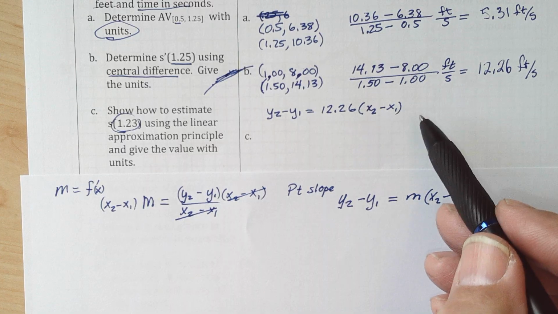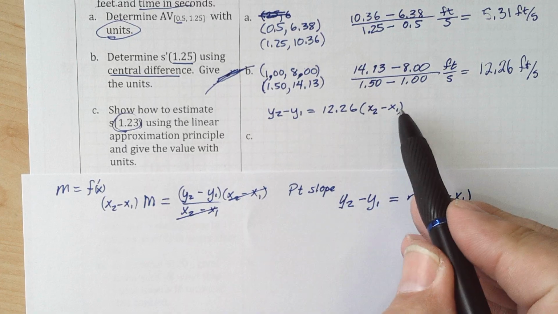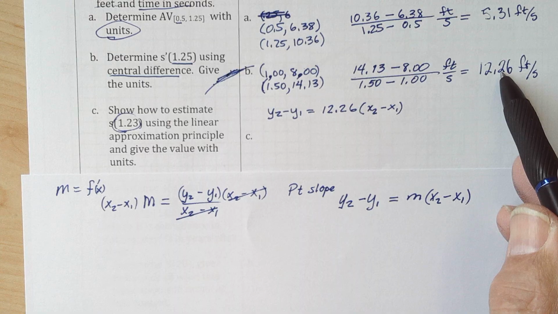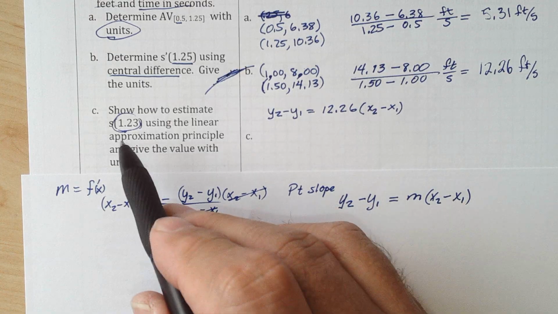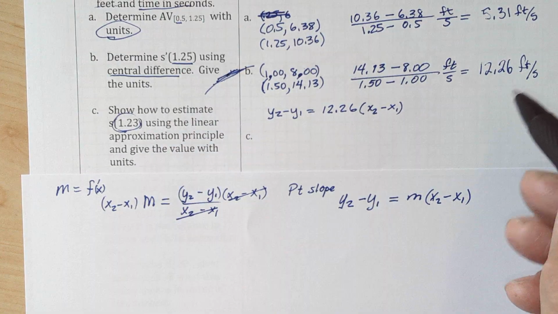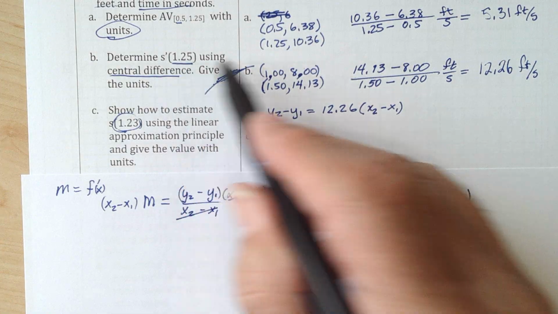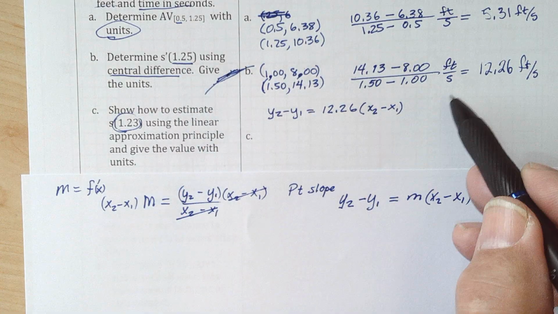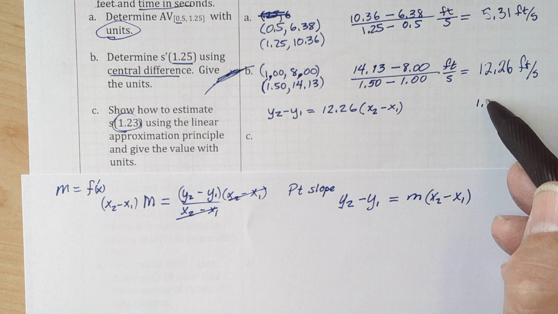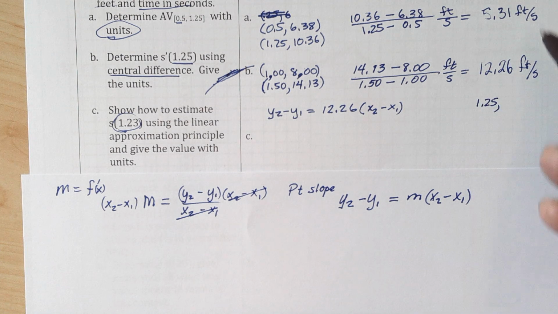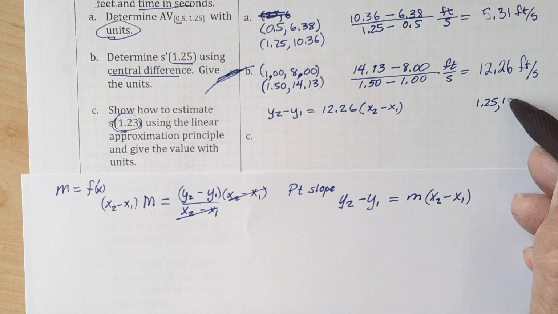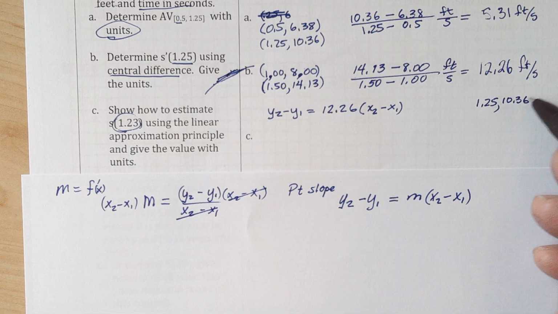Now, to finish the equation, we need to know not only the slope, but the point near this. Well, that point is 1.25, and the y at 1.25 is 10.36.